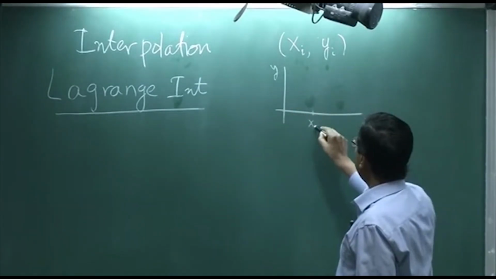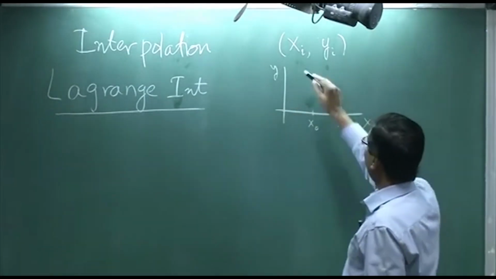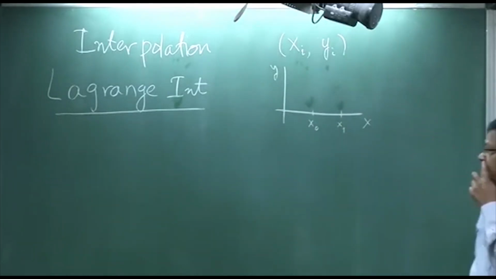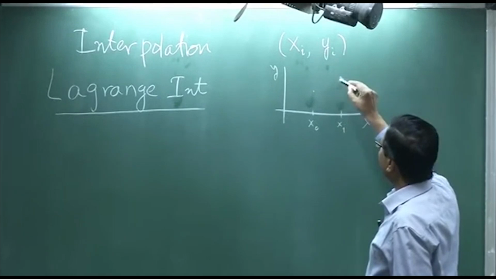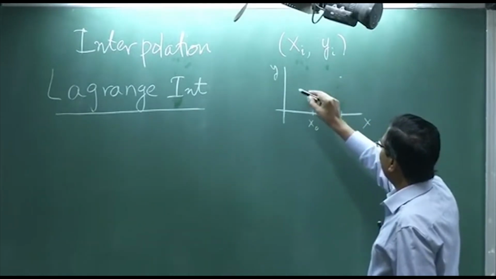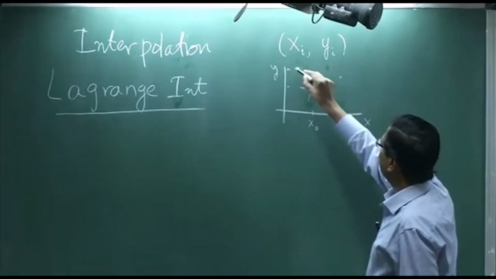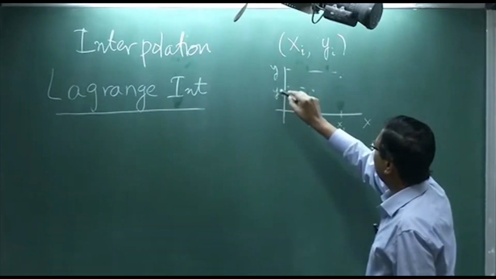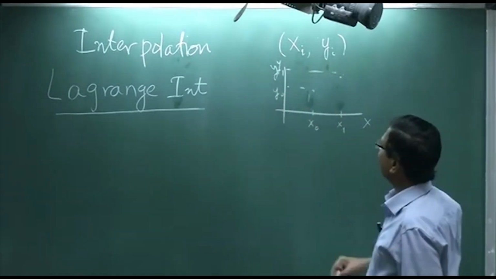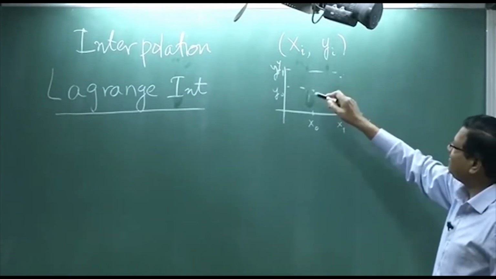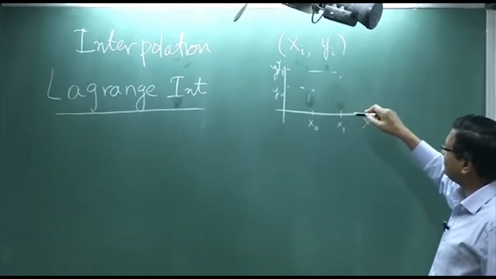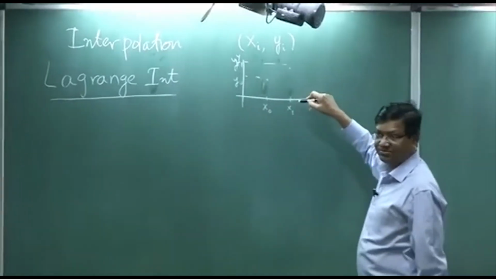I am going to call the points x0 and x1, following this notation, and the values of the function are y0 and y1. Now I may want the value of the function anywhere in between, for this x or this x, or outside.